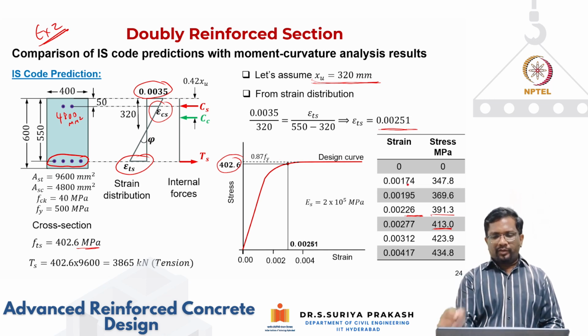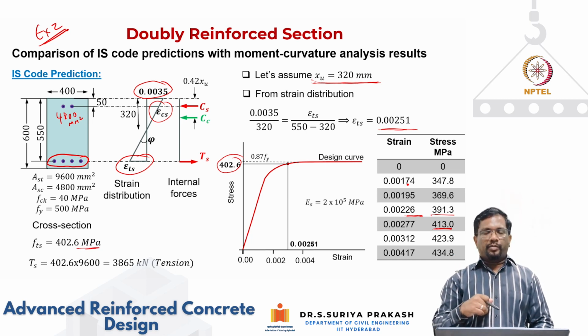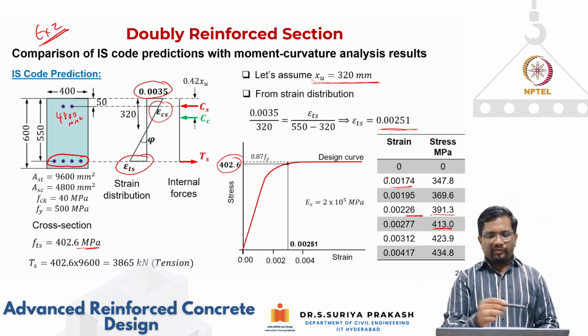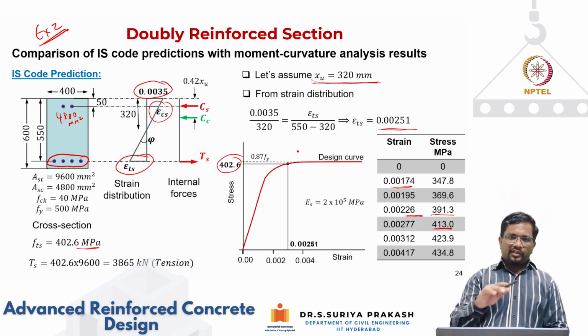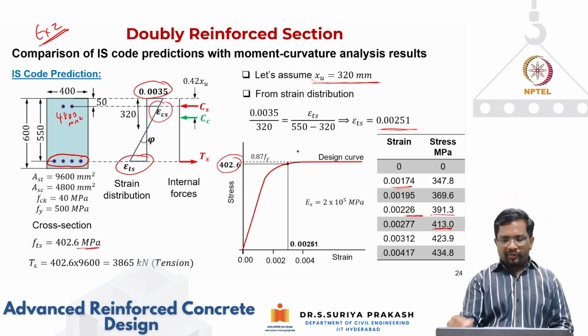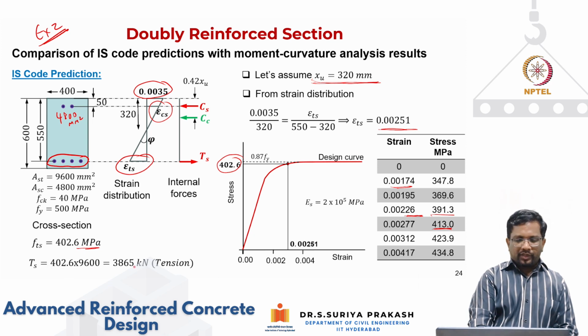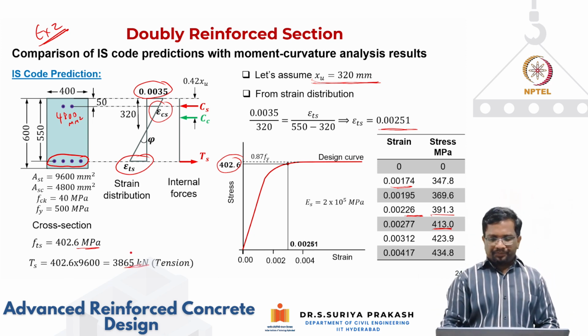When the stress is less than 0.8 fyd, you can directly multiply by the elastic modulus, where the strain is less than 0.00174. But here I am in the in-between range where the stress strain curve is non-linear, so we have to interpolate based on the values given here. When you substitute, you get a tension force of 3,865 kilonewton.